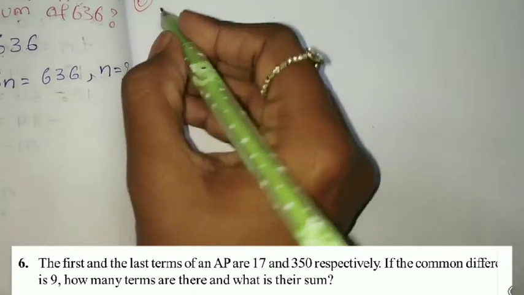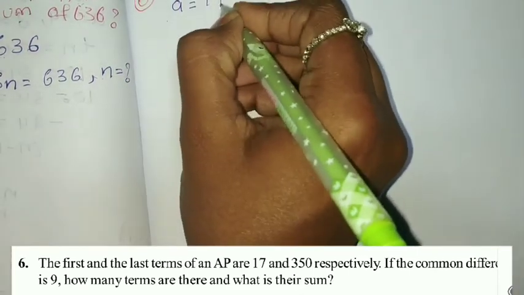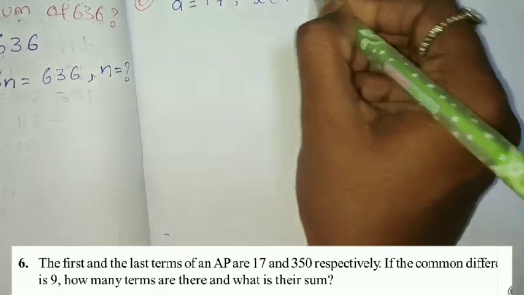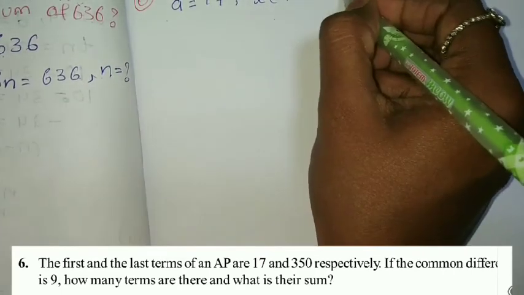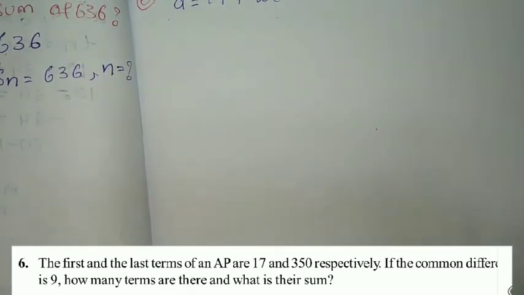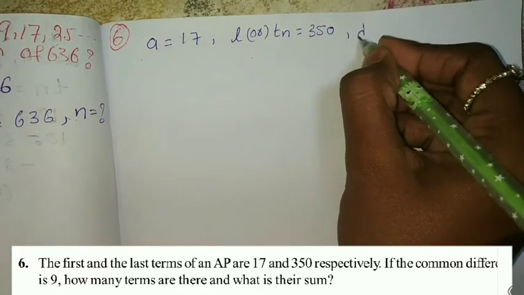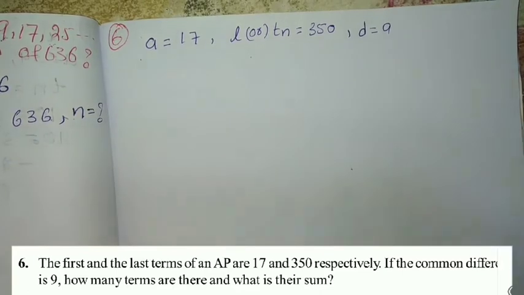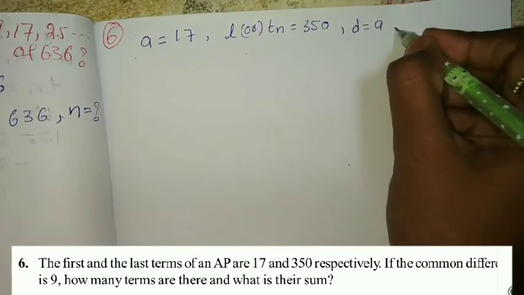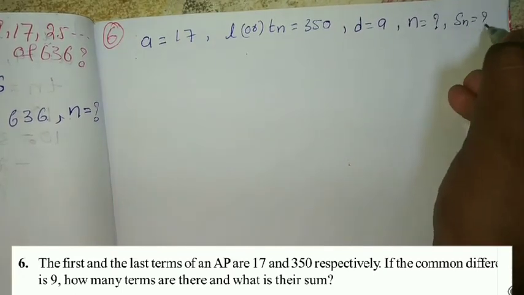So write down the first term: a is equal to 17, and the last term, Tn or An as you wish, is equal to 350 respectively. If the common difference is 9, that means d is equal to 9, how many terms are there and what is their sum? That means we need to find n and Sn.